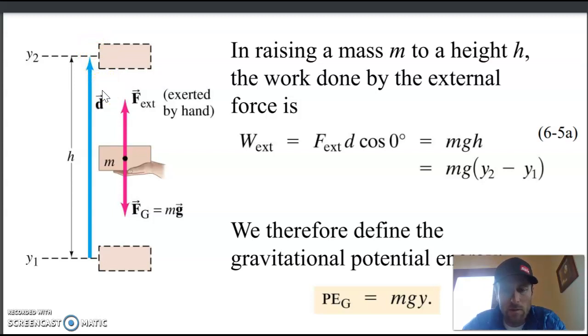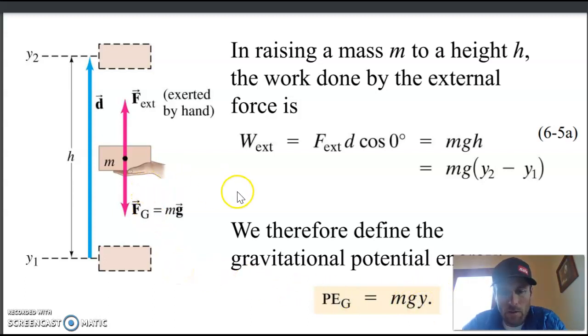And so our equation to figure out the work that's done vertically upwards is going to become our equation for potential energy. So the work that we do increases the energy of the system and we gain some gravitational potential. So mass times gravity times height, or y.